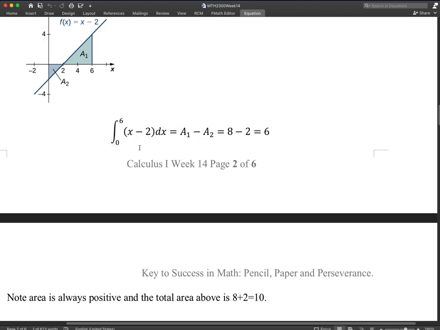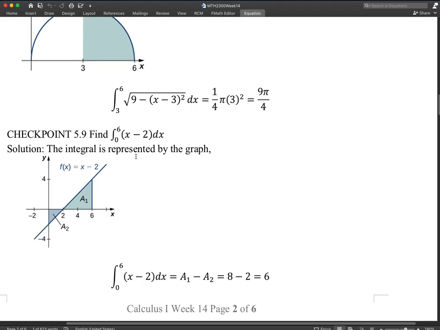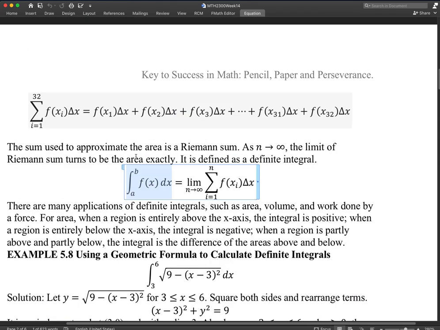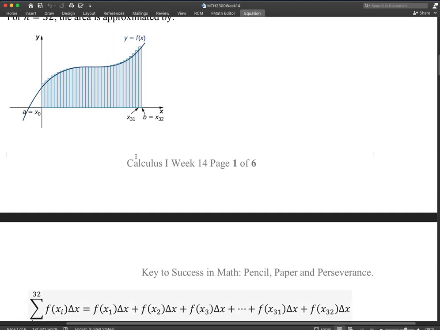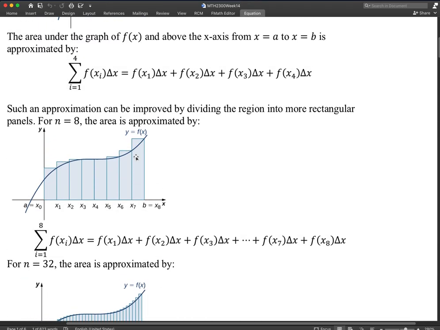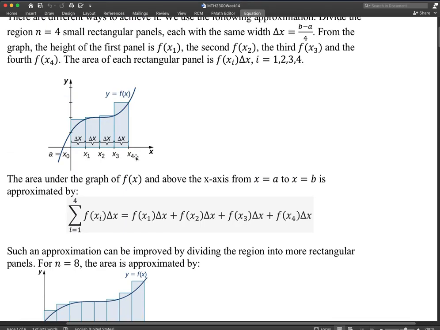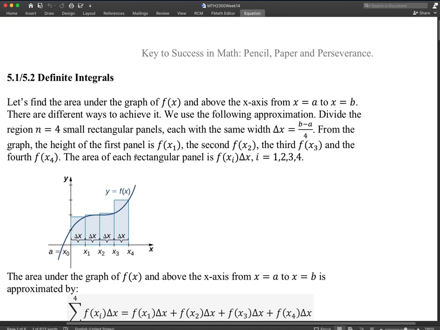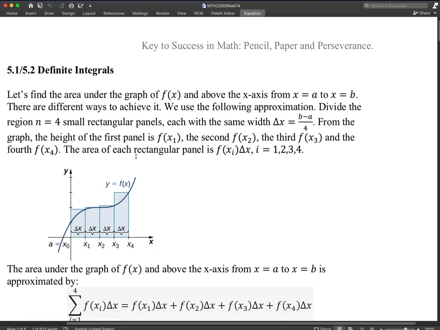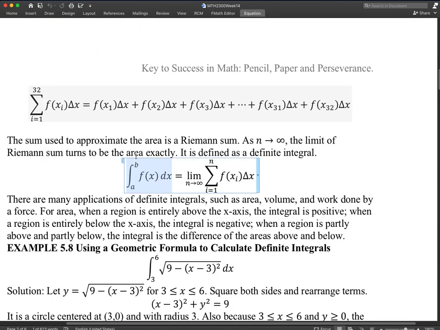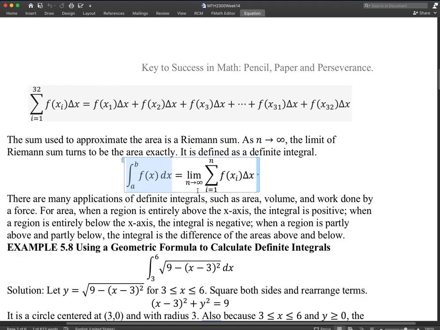So this is the beginning of the discussion of a definite integral. A definite integral usually represents an area. It represents area, and it is defined as the limit of the Riemann sum.